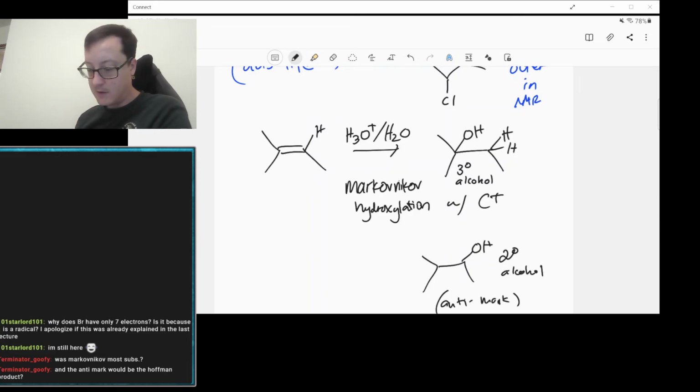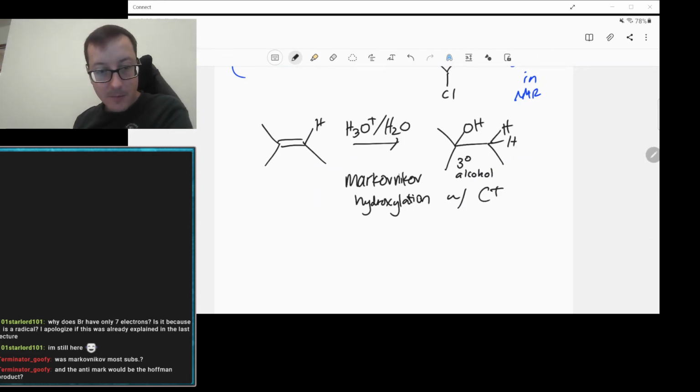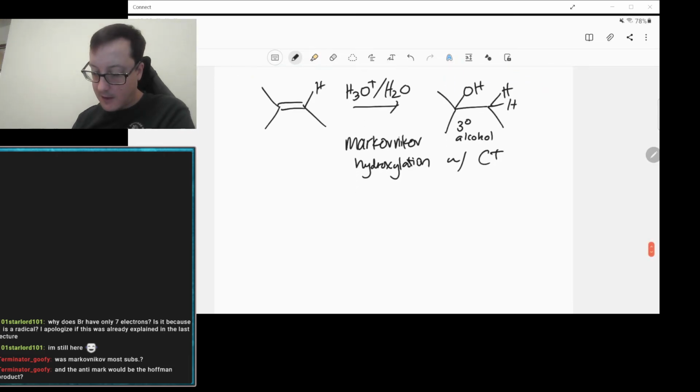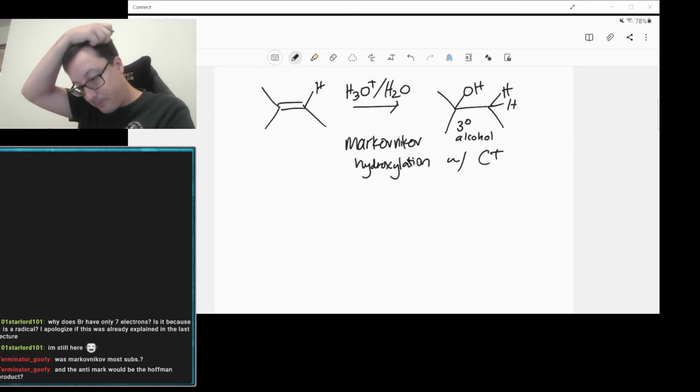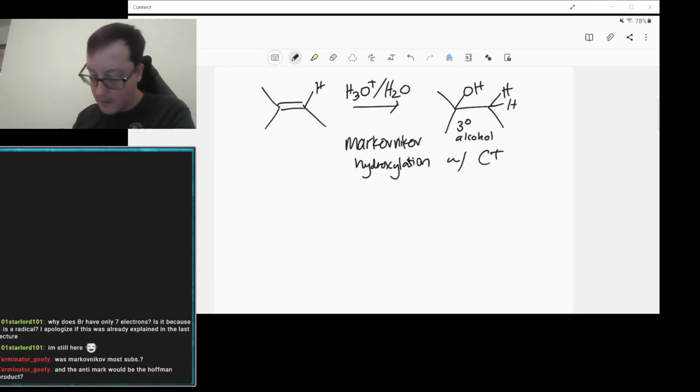All right, so suffice to say, we're just going to take a look at this mechanism, and then we'll end for the day, and then we'll go from there. Okay, so how this is going to work is we're going to do the same thing as before. We're going to go ahead and have our lovely alkene.